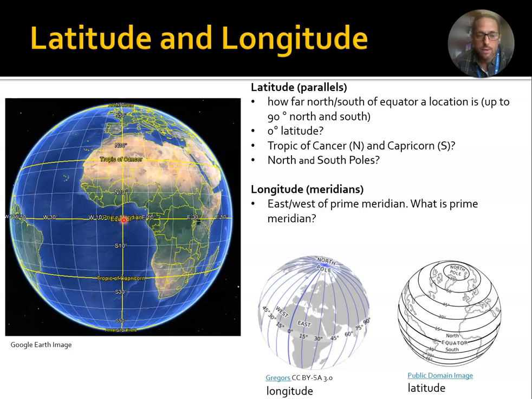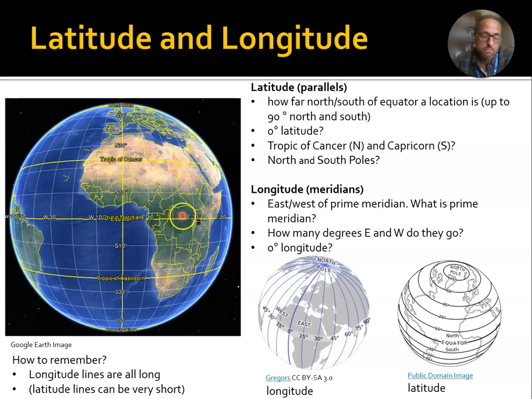And since this goes all the way around, these lines of longitude go from here to here to here to here. You go from 0 to 180 on the other side of the Earth. Okay, 0 to 180. And 180 is over in the Pacific Ocean. Okay, so that's longitude and latitude.